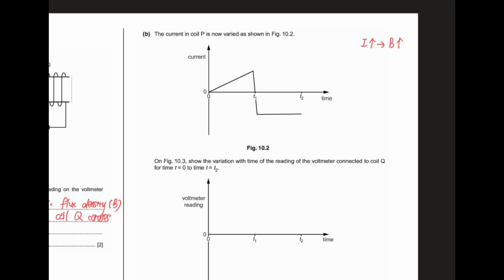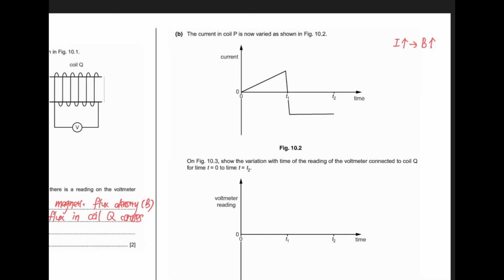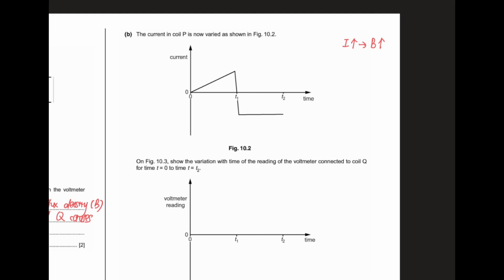Okay, you have to draw the EMF induced. So EMF induced, based on Faraday's law, is V equal to N d phi over dt. And based on Lenz's law, that is a negative. If you are going to care about the direction, there's a negative.